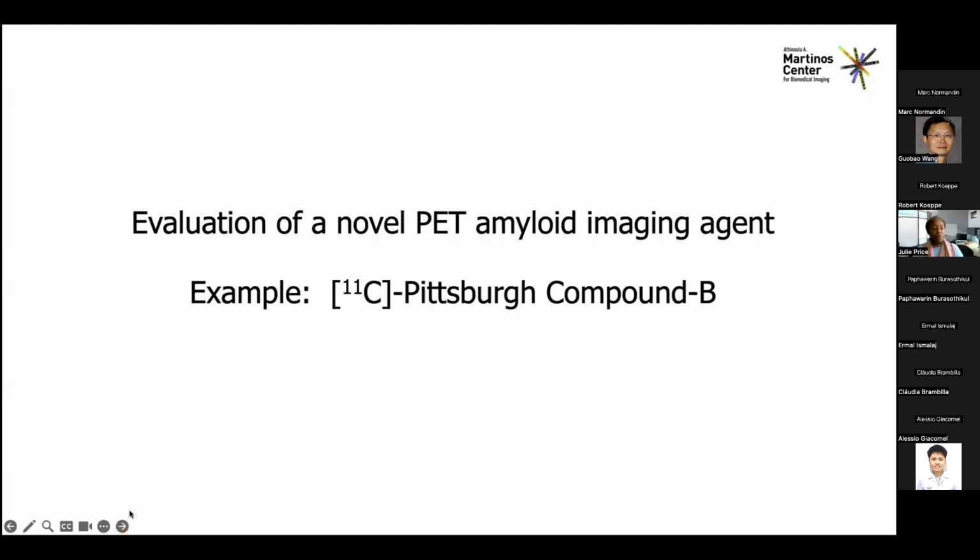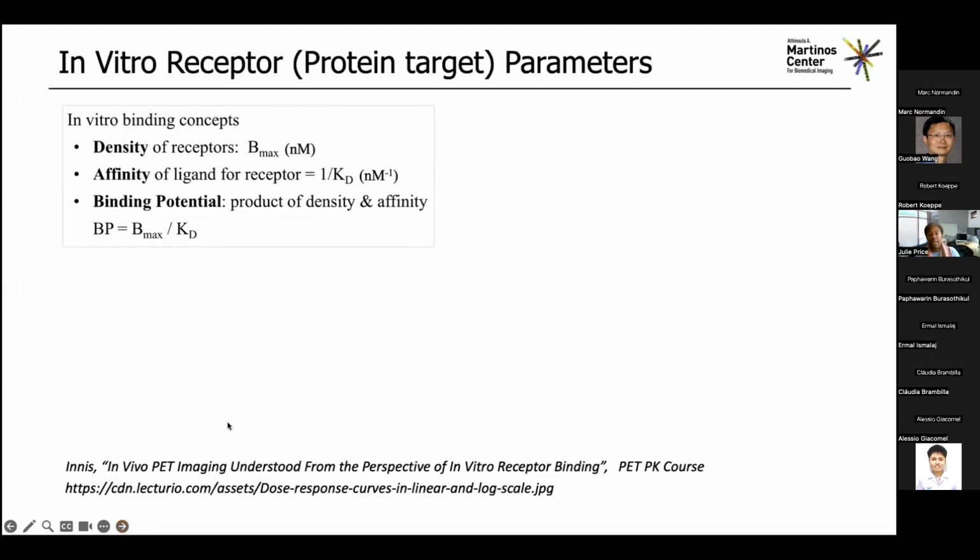Now, just moving on to the sequential evaluation of PIB. This is many years ago now, and some of you have seen these slides, but it does still tell a story nonetheless. I wanted to start first with talking about in vitro receptor protein target parameters, just to define terms. The concentration of protein sites or receptors, in this case they're protein sites, is termed Bmax, a nanomolar concentration.